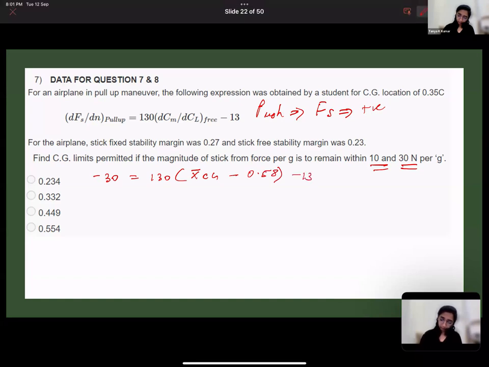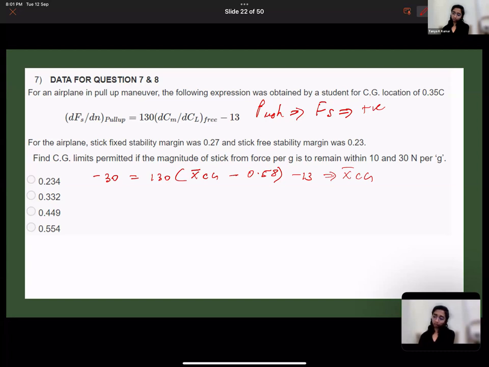So in this case, what is your X bar CG? What is X bar CG?